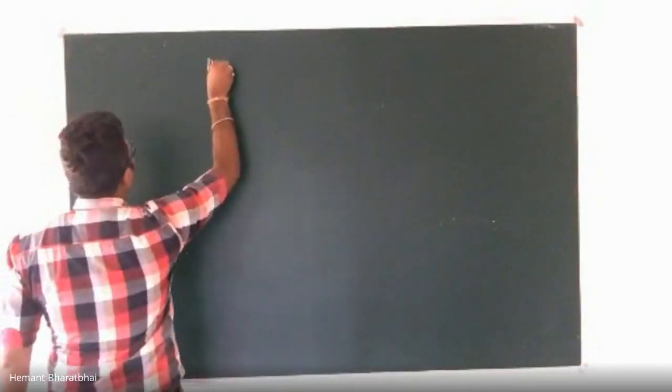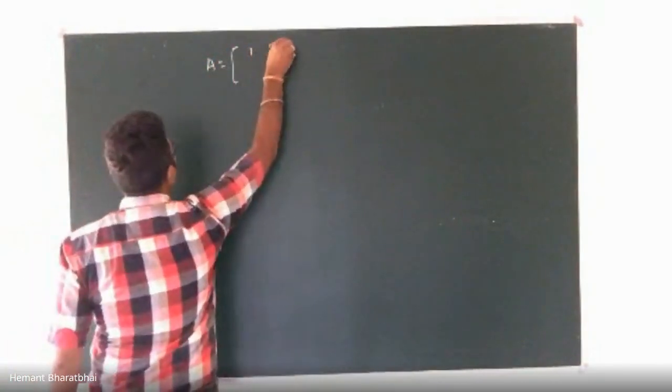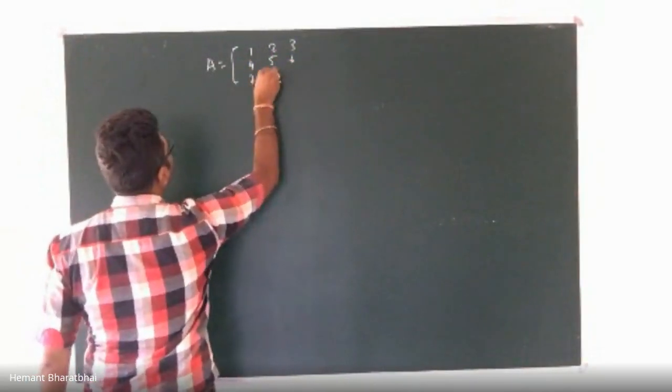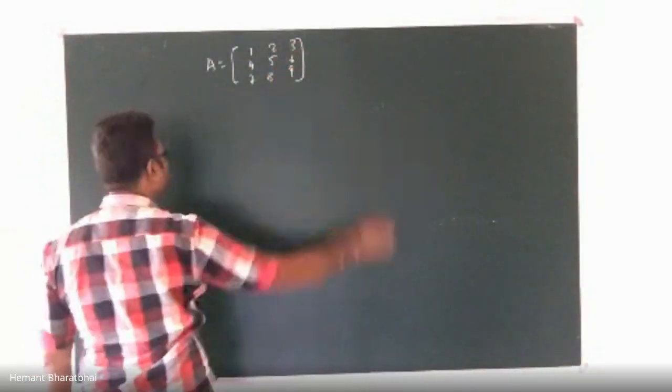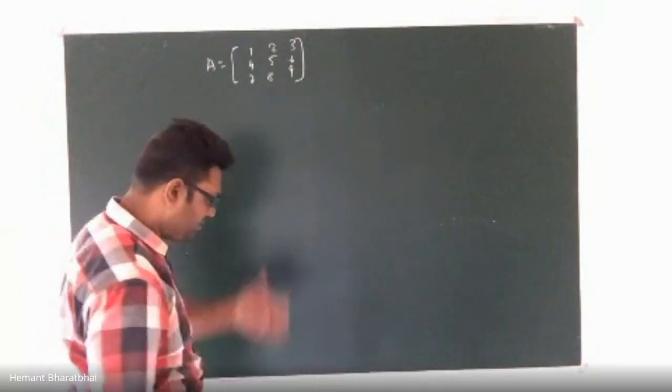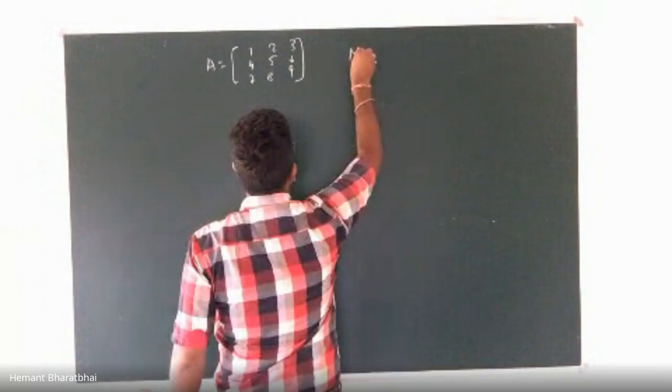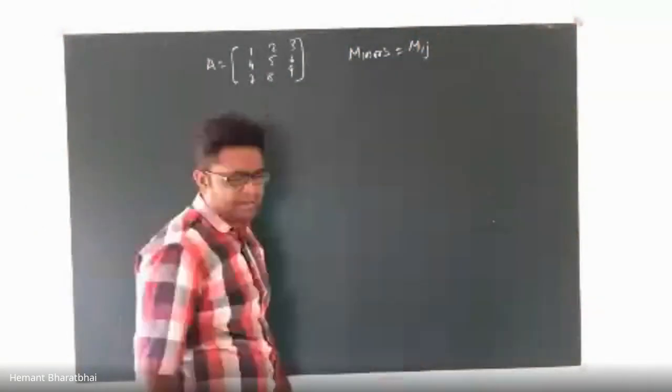So I have this matrix A as 1, 2, 3, 4, 5, 6, 7, 8, 9. Now minors are represented by Mij.